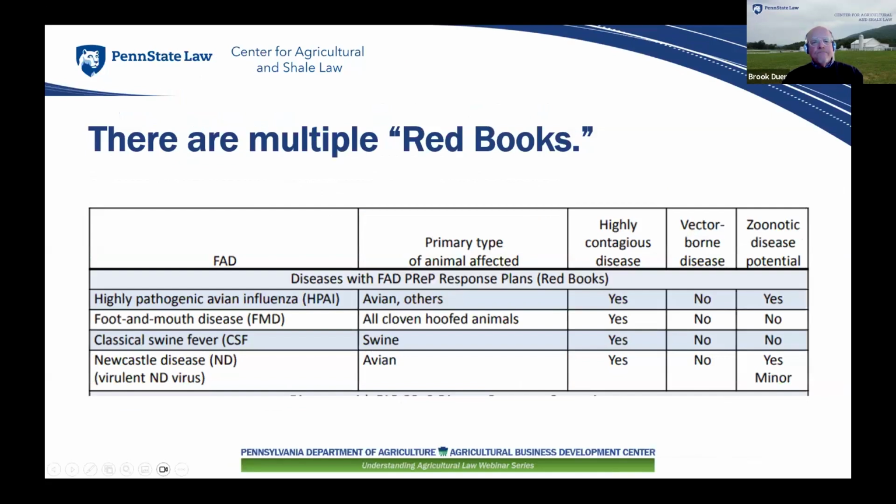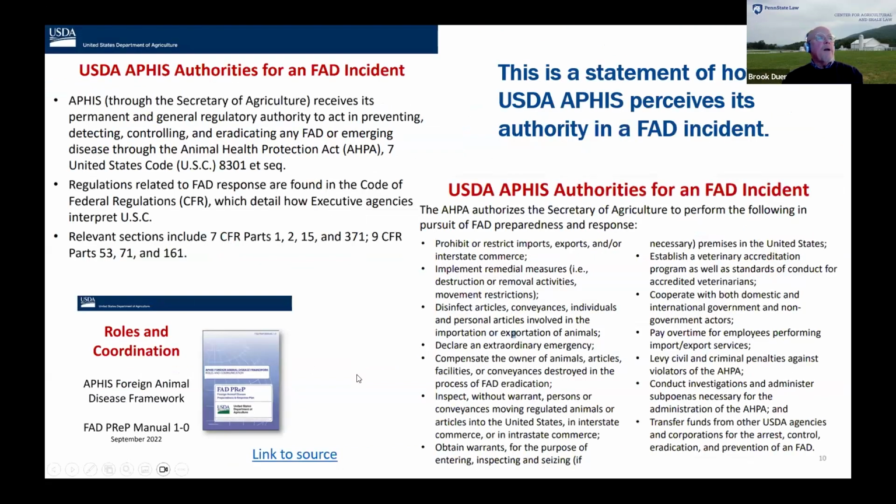Now, if you're a general practitioner and you want to know more about how these foreign animal disease response plans go, this document on the left side of the screen is an administrative document that tells the whole world how APHIS will be conducting itself generally with regard to any foreign animal disease.